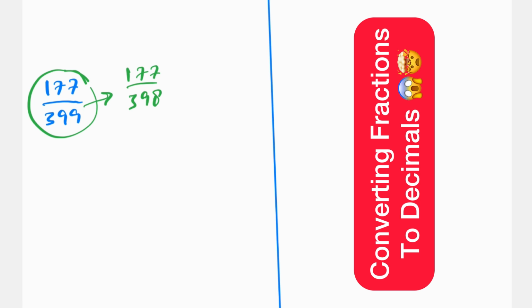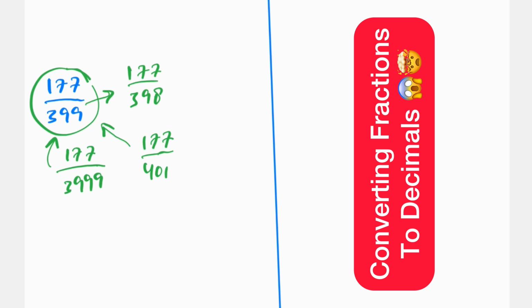And same, 177 over 3999 can be done like this, but here we'll use 3 figures at a time. So there can be variations that we can use. Here 177 divided by 401 we can do the same as we did here, but here we take the complement of the last 2 figures from 9 at each step.